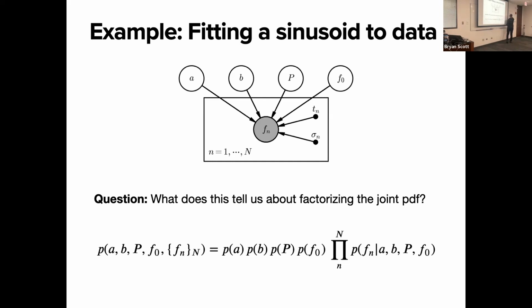When we say that things are conditionally independent, that means, so normally if we were to factorize this, we would have P of F1 given F2, F3, et cetera, and then P of F2 given, et cetera. Conditionally independent means I can just factorize this into P of F1, P of F2, P of F3, et cetera. And so that conditional independence condition means I can turn that big joint distribution over the data into a product over each individual evaluation here.